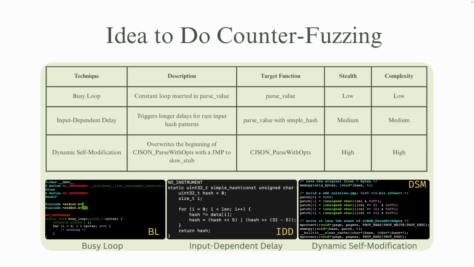DSM is stealthier because it changes the program's flow at runtime, making it more difficult for the fuzzer to track and analyze. This dynamic patching ensures that the fuzzing process is delayed without immediately triggering new code paths in the fuzzer's map, adding an extra layer of evasion.